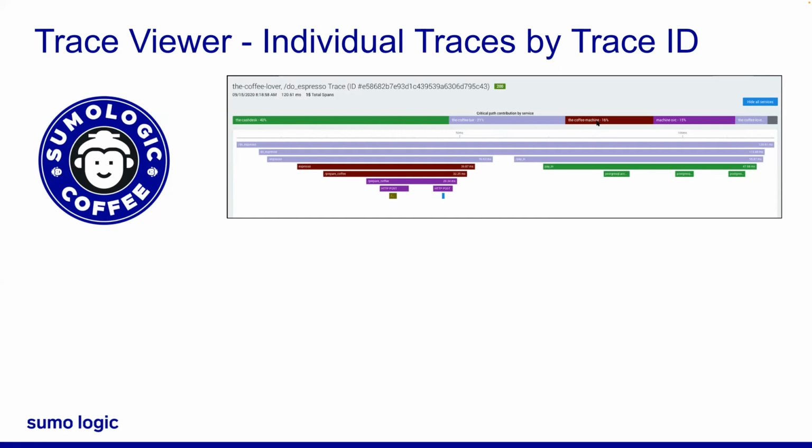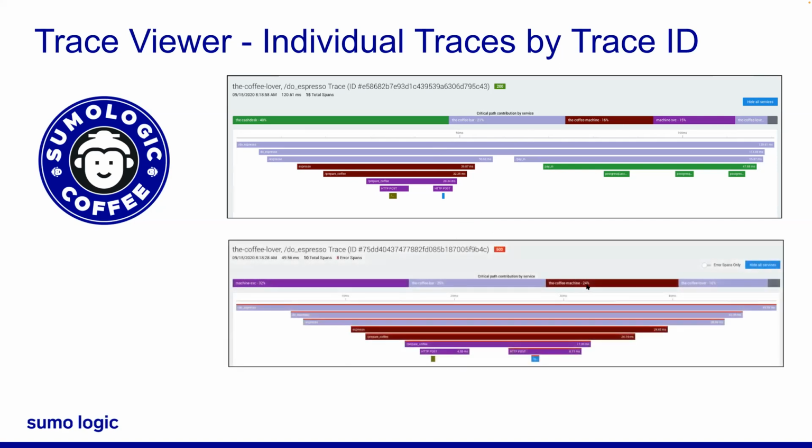I see the coffee machine, which is responsible for actually producing the cup of coffee, and so on and so forth. Then down below that, I start to see the spans, specifically when they occurred and how long they occurred, a visual comparison of the top line representing the whole order, and the bottom ones representing separate processes, steps, or services.